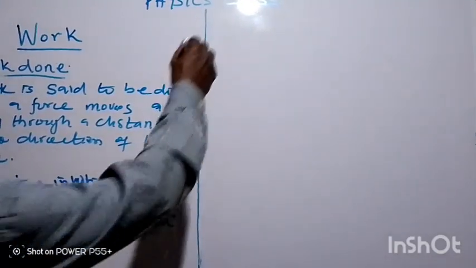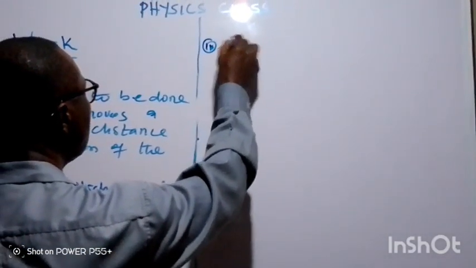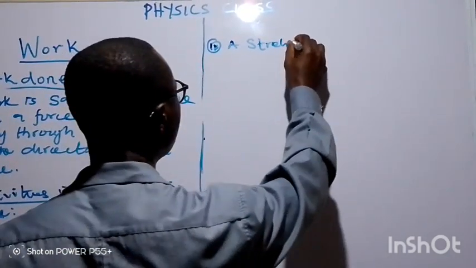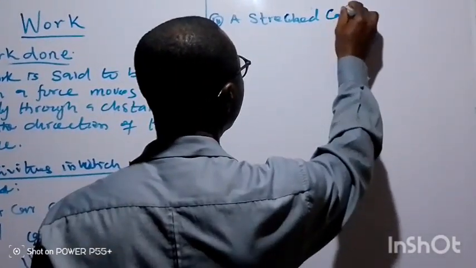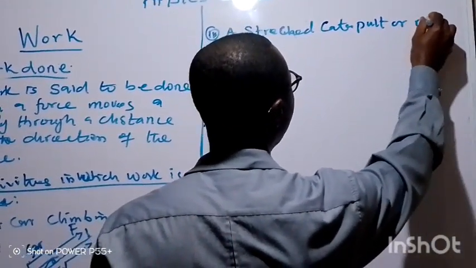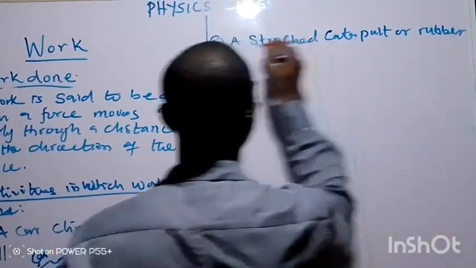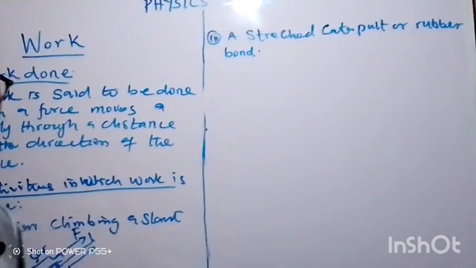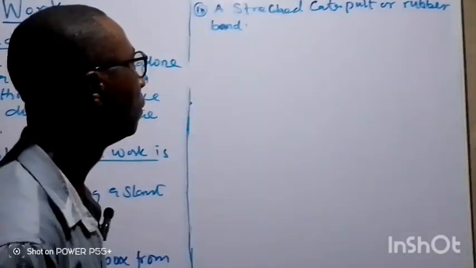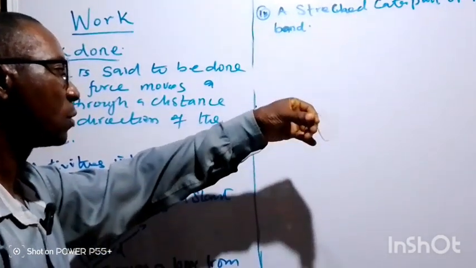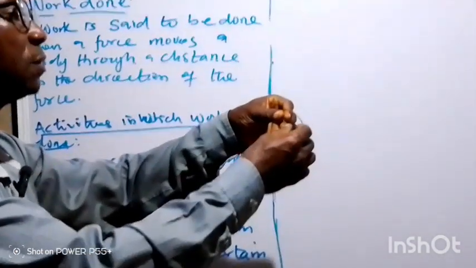Number 3, a stressed catapult or rubber band. Let's say this is a rubber band. I want to apply work to be done. Then you stress it like this.